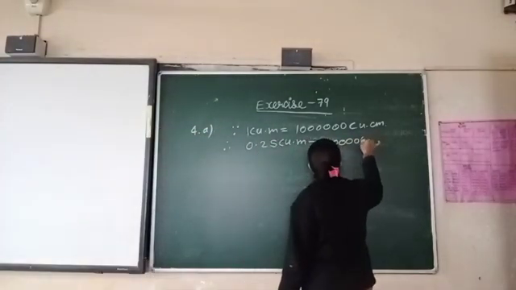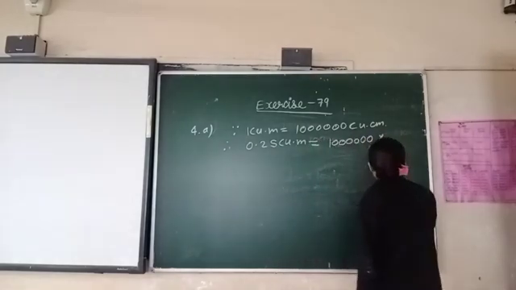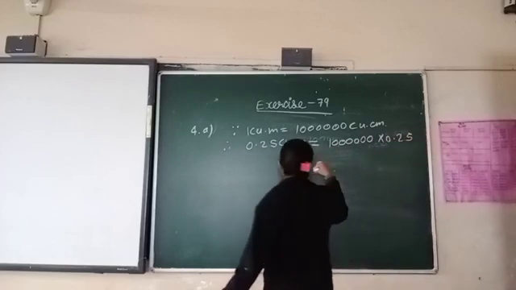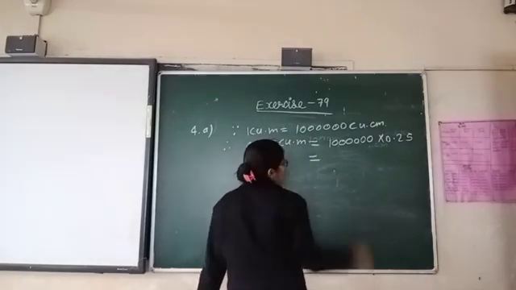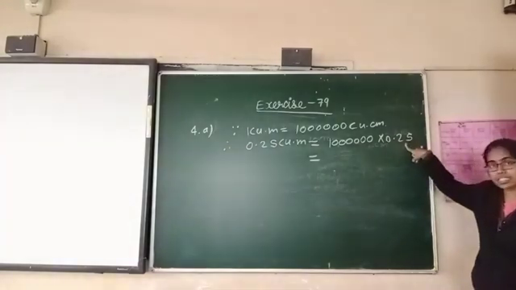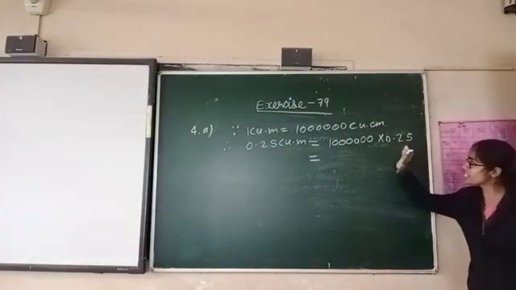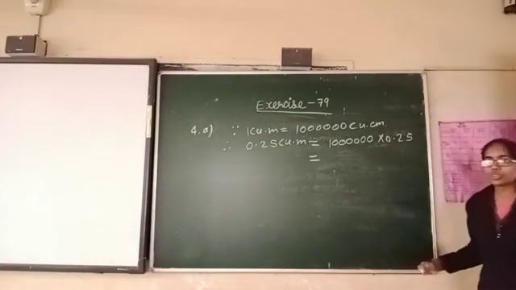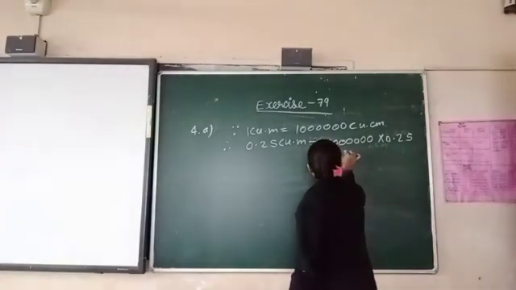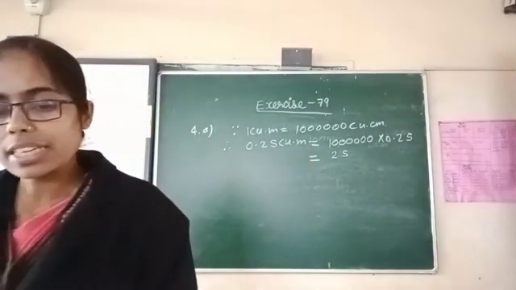Let's see how to do this one. 1, 2, 3, 4, 5, 6 zeros into 0.25. So what will we do here? See, after the decimal, how many digits are there? 2 digits, no? So we will shift 2 places to the left side. 25 ones are 25. Now how many zeros will remain here? I am giving you 2 minutes.